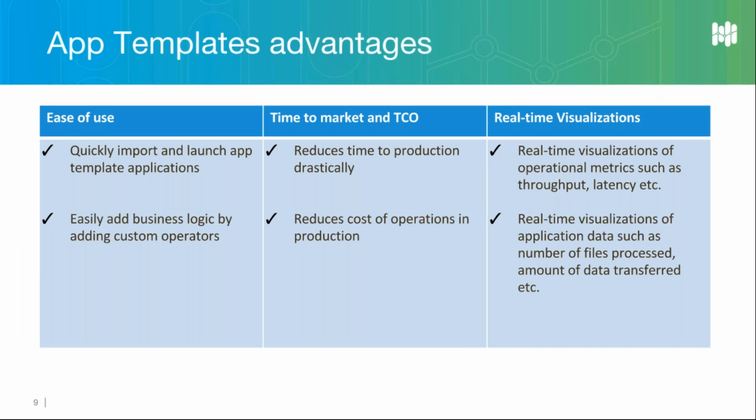So these are some advantages that, as I already mentioned, you can quickly import and launch the application templates. There, you can easily add your custom logic and add custom operators in between that app template.